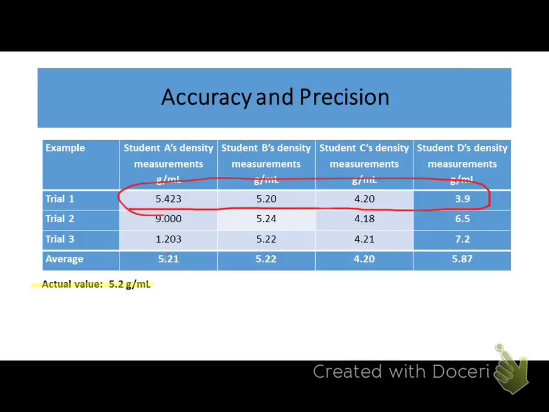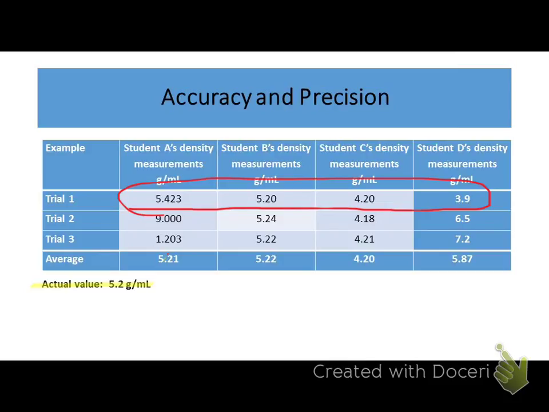To do this, we have to look at the number of significant figures. We're going to compare, in other words, which student is using the most precise instrument. To determine which instrument is most precise, we go by the number of significant digits.